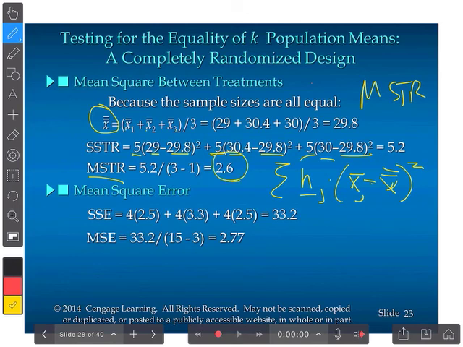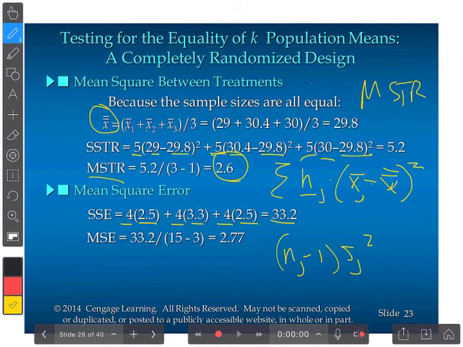If we repeat this now for the mean squared error, remember we said it was essentially n_j minus 1 times s_j squared. So if you look, you'll see that this is 5 minus 1, which is 4, and we already have the sample variances. 4 times the sample variance for treatment number 2. n_j minus 1, 5 minus 1 is 4, and the sample variance for treatment number 3.